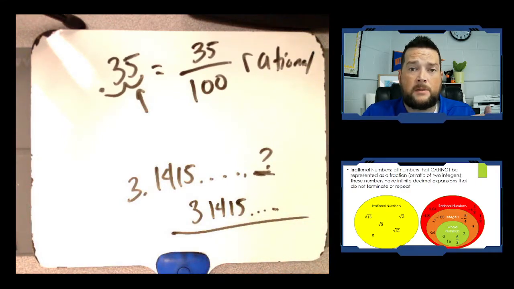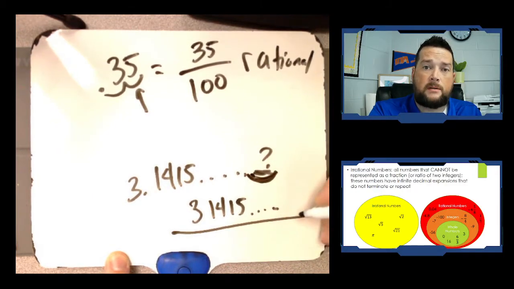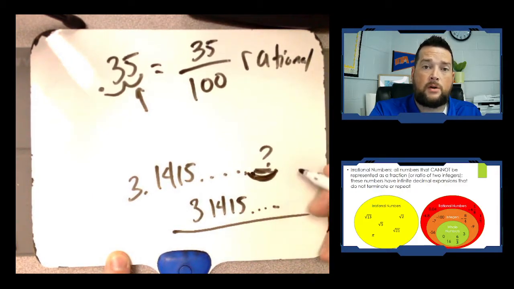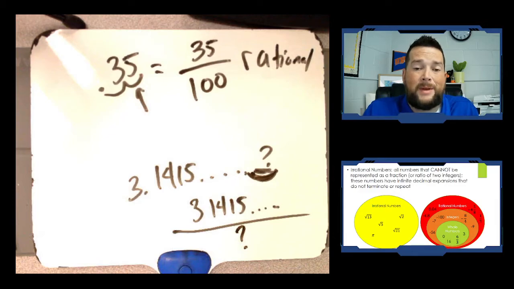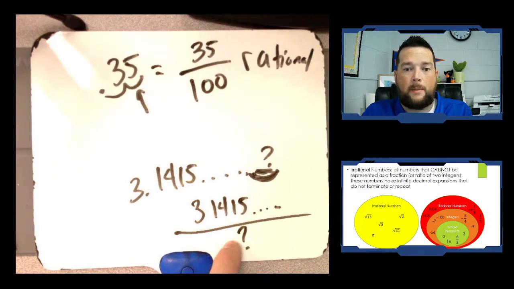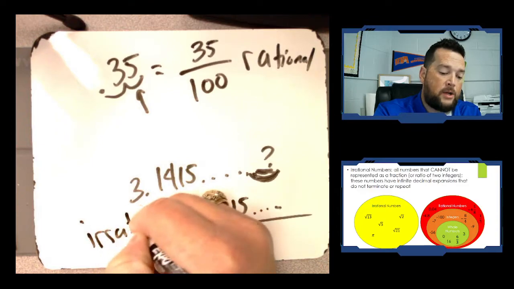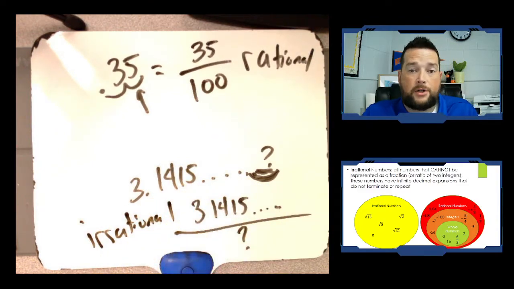And to justify it even more simply, we don't know what the last place value is. The last place value goes on forever, so there's not going to be a denominator because we don't know what it is. And because we don't know what the last place value is, we can't represent this as a fraction, and therefore it's irrational.